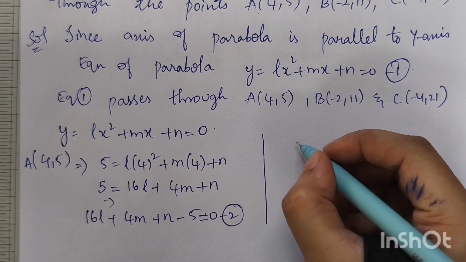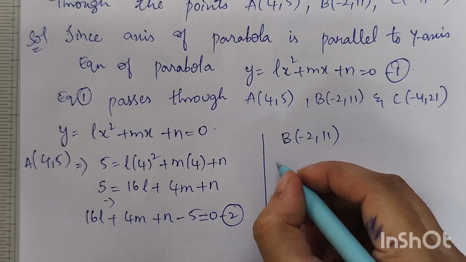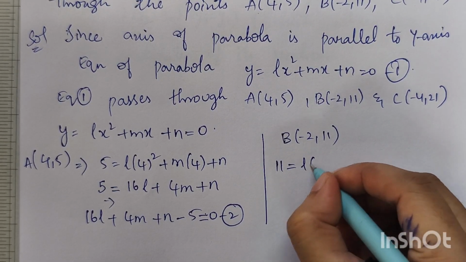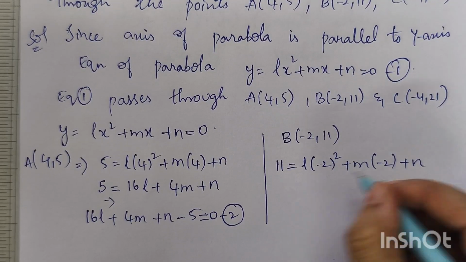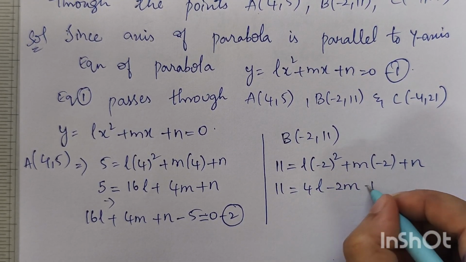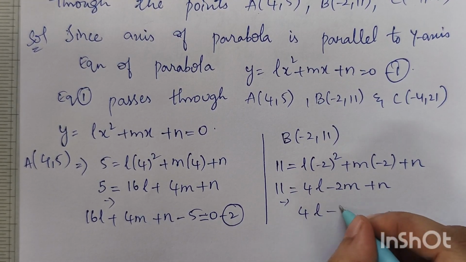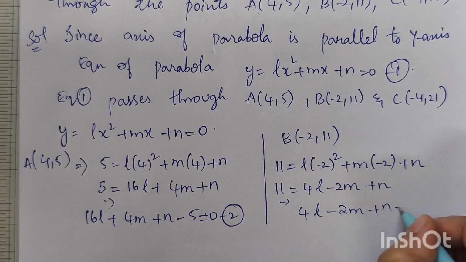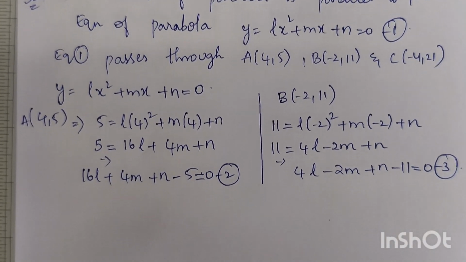Now substitute the point B, which is -2 comma 11. We get 11 equals l into (-2) square plus m into (-2) plus n. So 11 equals 4l minus 2m plus n. Shifting the 11, it is 4l minus 2m plus n minus 11 equals 0 as equation 3.